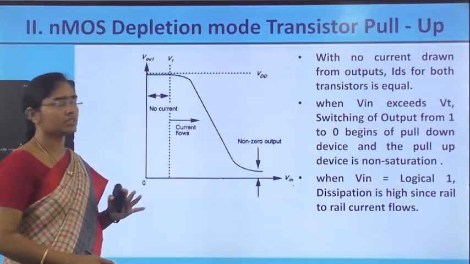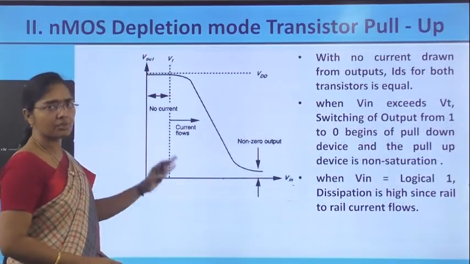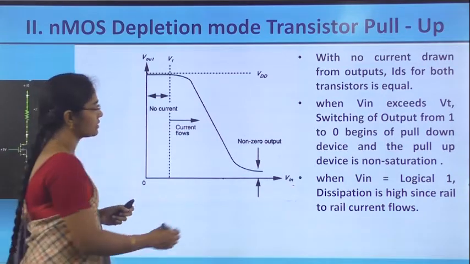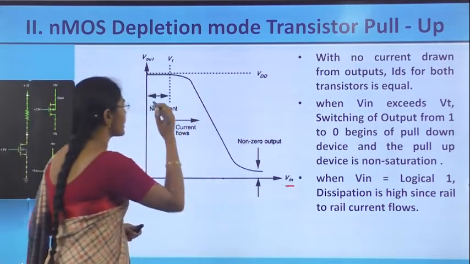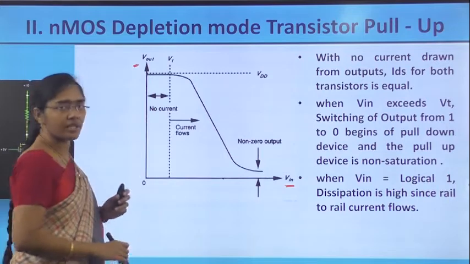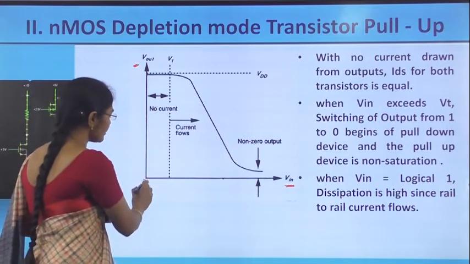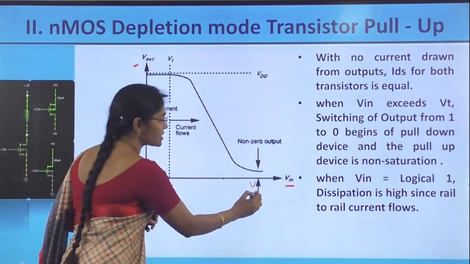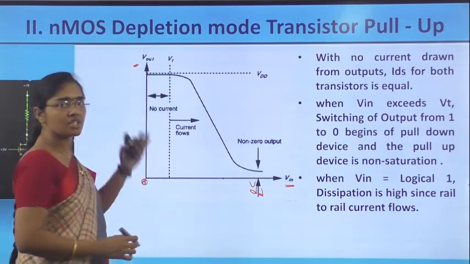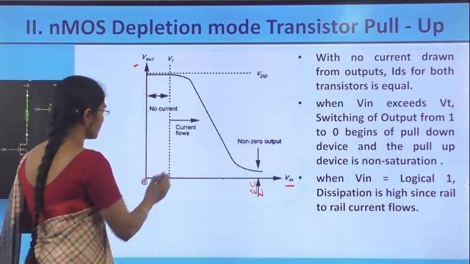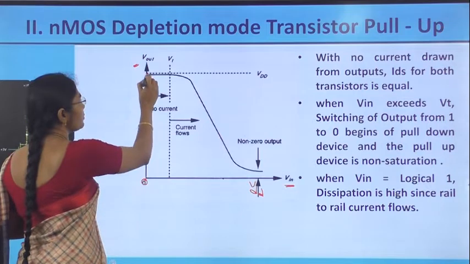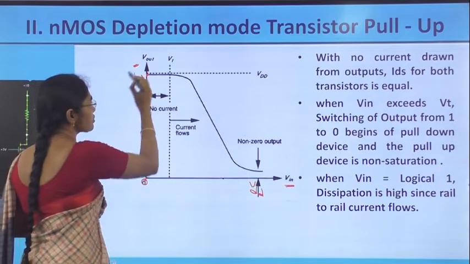When we represent the output and input values as a characteristic, with input taken on the x-axis and output on the y-axis, the input is changing from 0 to a higher value, that is VDD, and the output is plotted like this. So when input is 0, output starts at VDD, there is no problem.